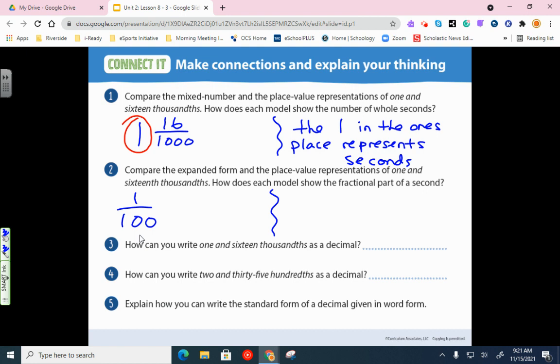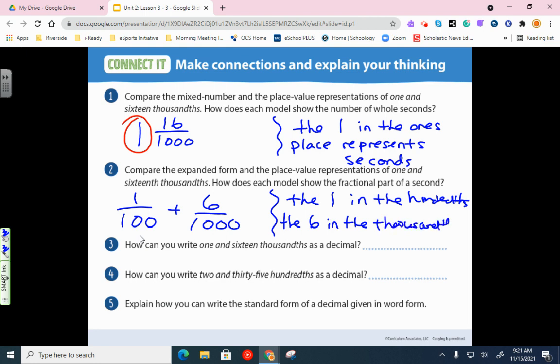That 100th plus the 6 in the thousandths place. And then for the place value chart, the 1 in the hundredths.